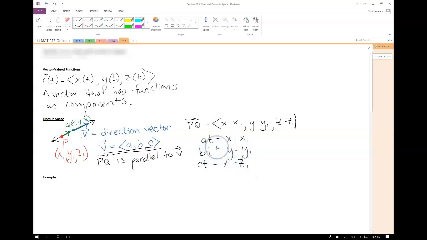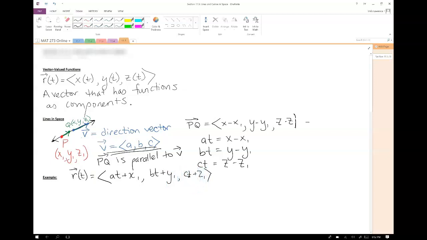If we were to solve these equations for x, y, and z, we would get a vector-valued function, r of t, which has components a times t plus x1, b times t plus y1, and c times t plus z1. This is a vector notation for a line in space.